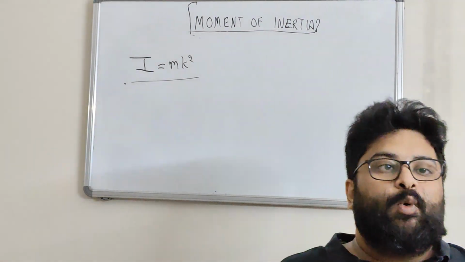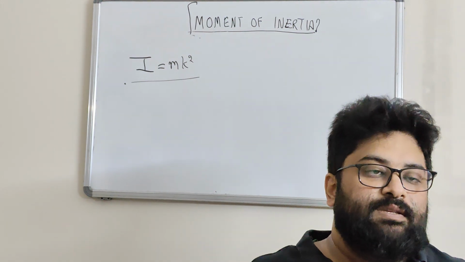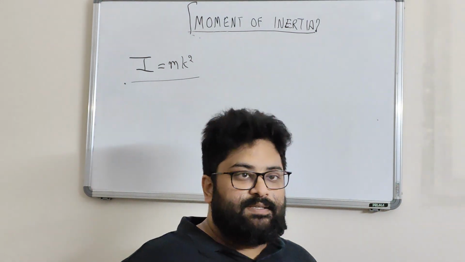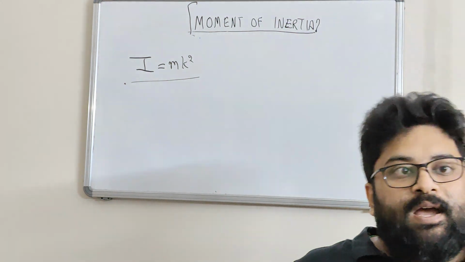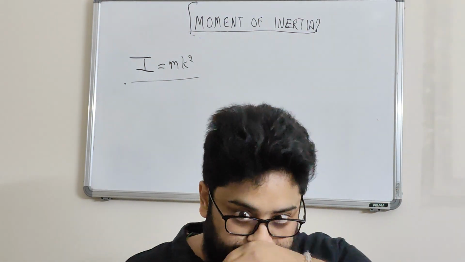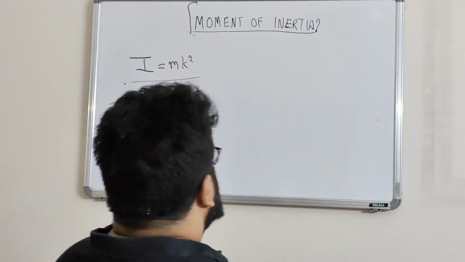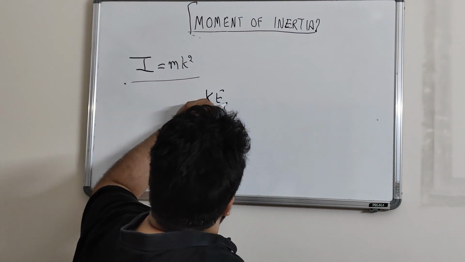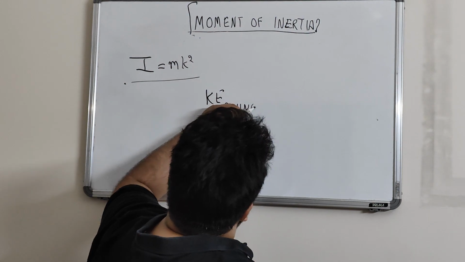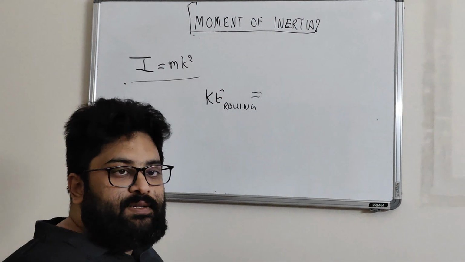Now a very important application for moment of inertia is rolling. Rolling is basically when a body has translational motion and rotational motion at the same time. So for rolling, the kinetic energy formula, we are not going to talk in detail about that because that's outside the scope of this.